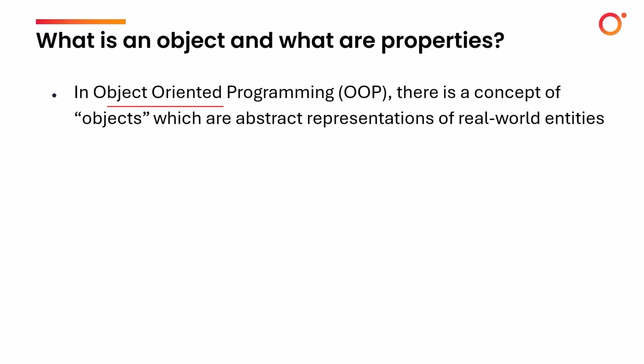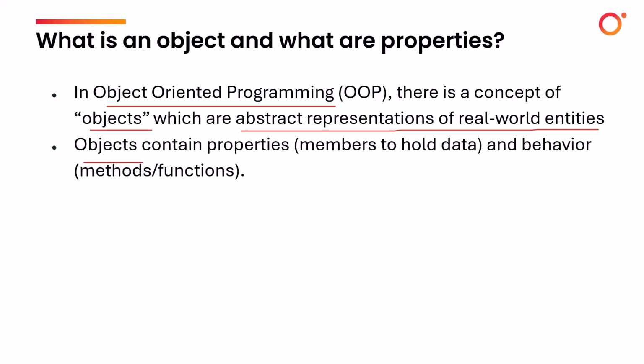So in object-oriented programming, there is a concept of objects. Objects are nothing more than abstract representations of real-world entities or real-world things. Now, these objects can contain properties, or you can think of them as members or variables, that would hold data.